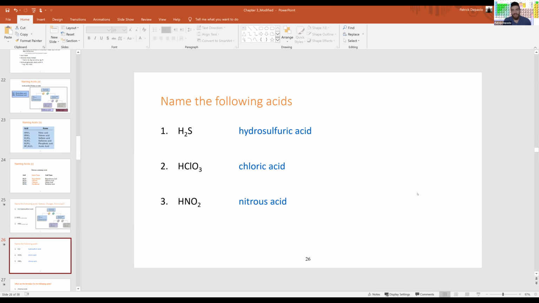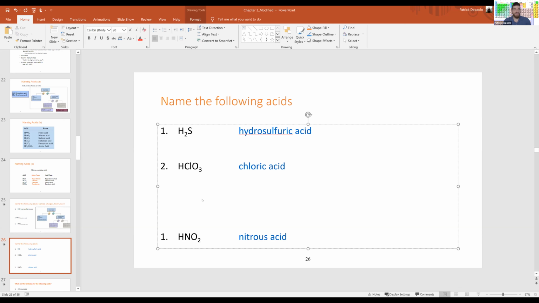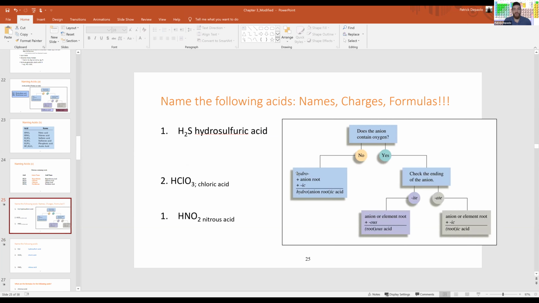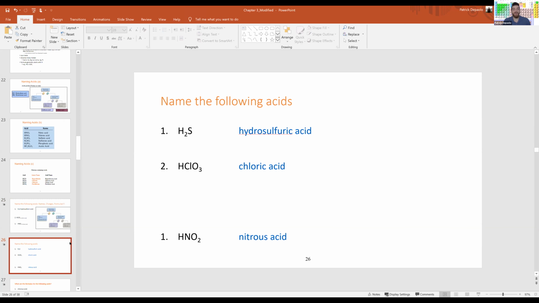We got it, and we have a chat question. What about hydrochloric? For this, it would just be chloric acid. So hydrochloric acid, if you look at the rules, you only add hydro when there is an anion that doesn't contain oxygen. So if it was just HCl, that's hydrochloric acid.